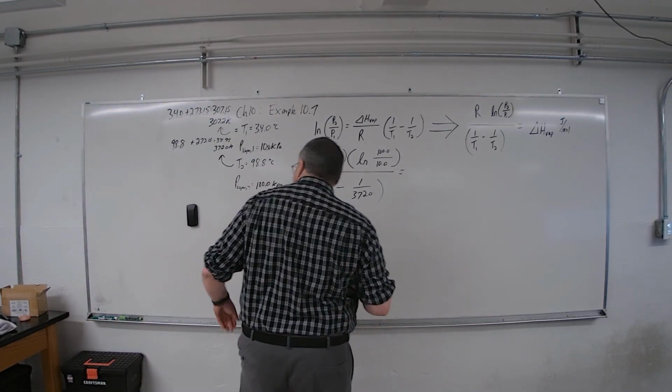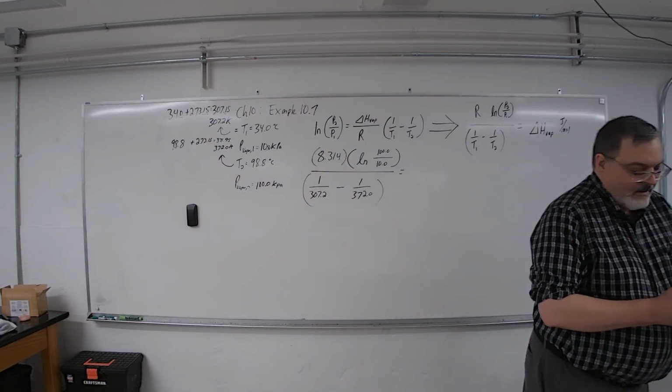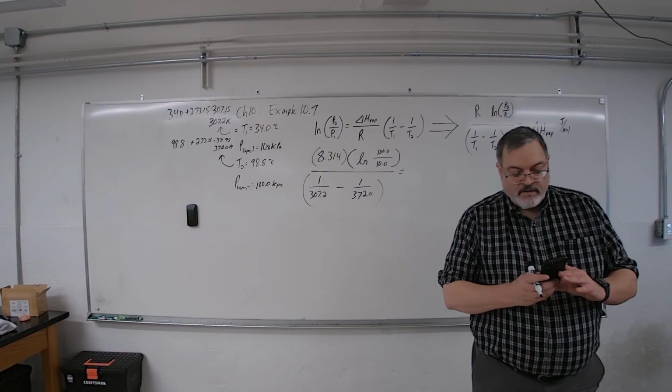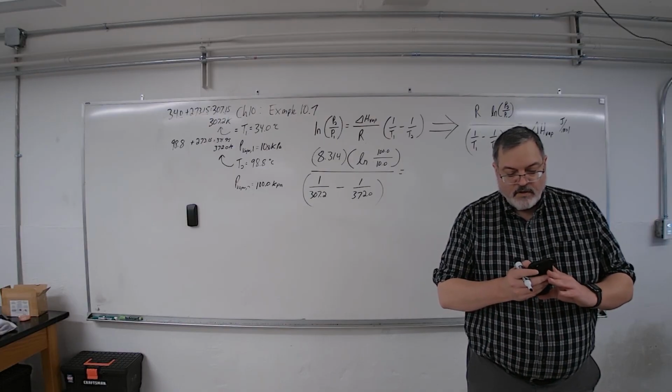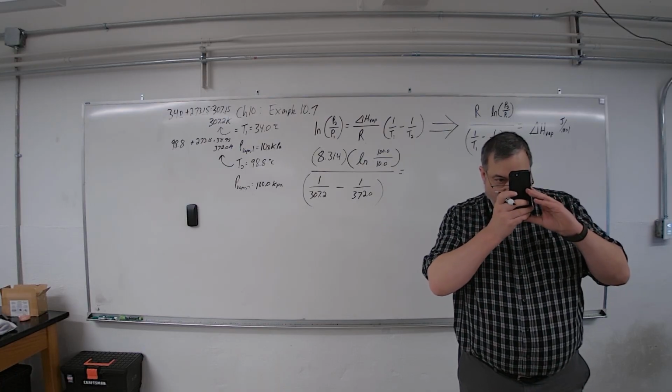All right. You know how to do log in a calculator? 100 divided by 10, which is of course 10. I have to go to my scientific calculator and find the ln.